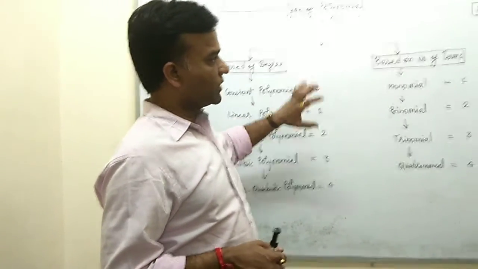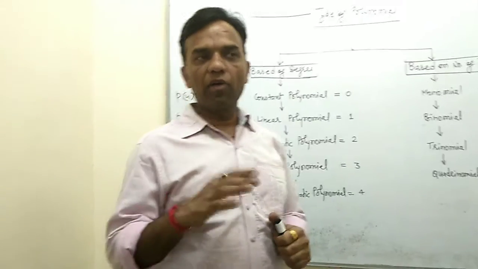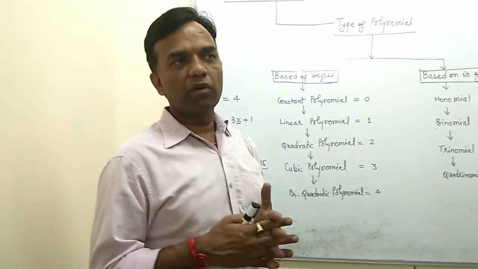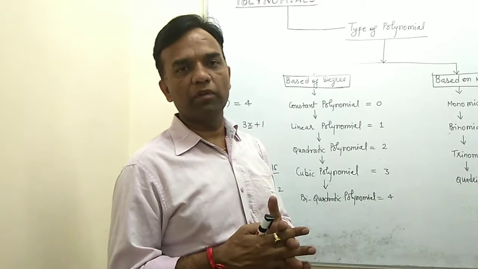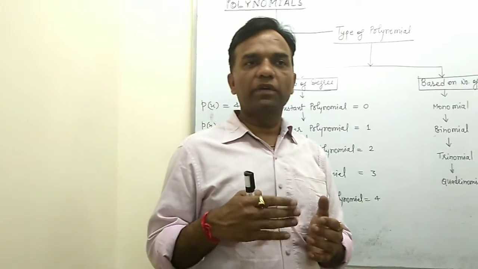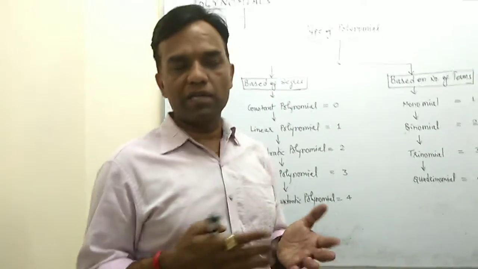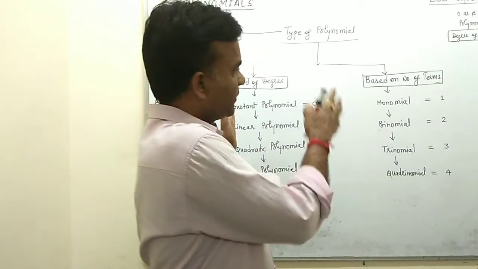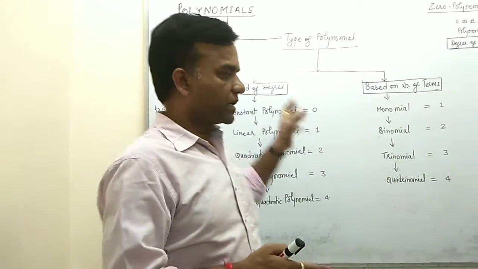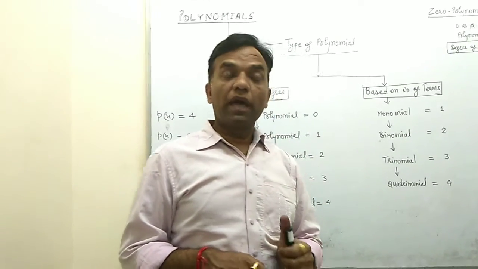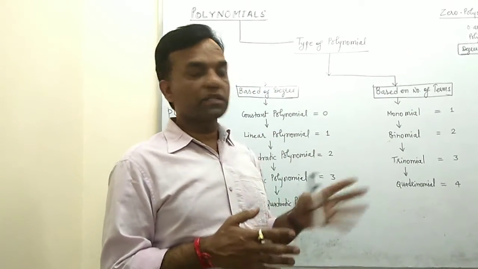First be clear in your mind how many conditions are given, because students are often confused when the teacher asks about types of polynomial, and they do not ask whether it is related to degree or to number of terms. So we describe the flowchart on both sides, related to degree how many types, and related to terms how many types, and that is the important part.